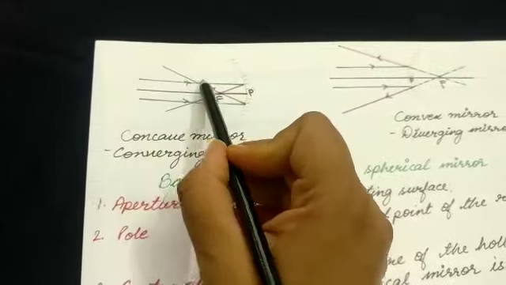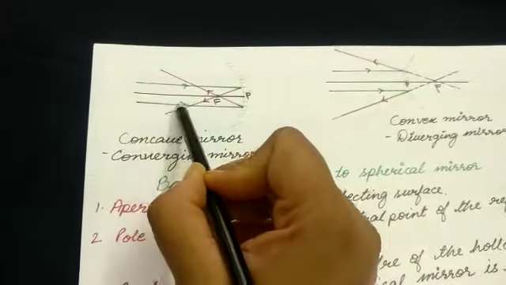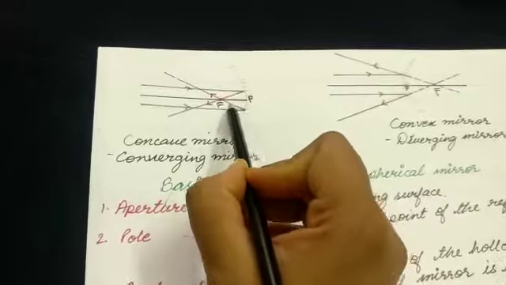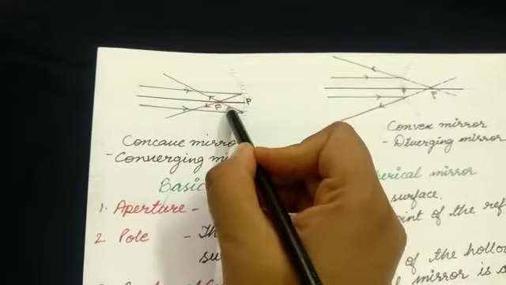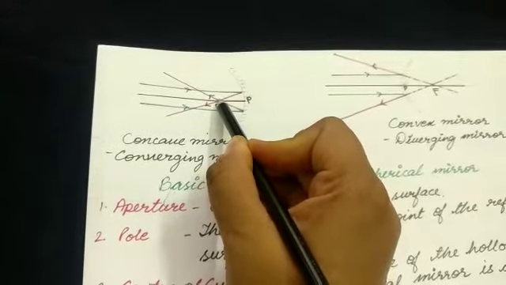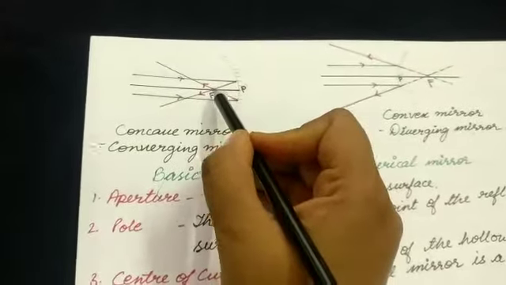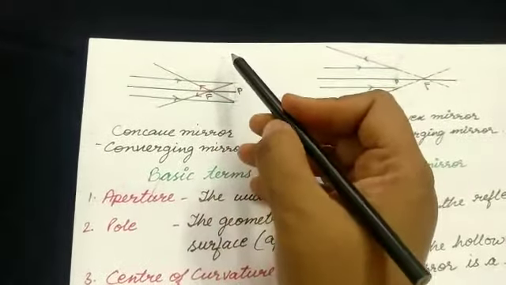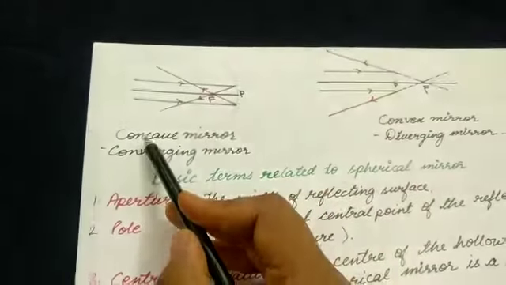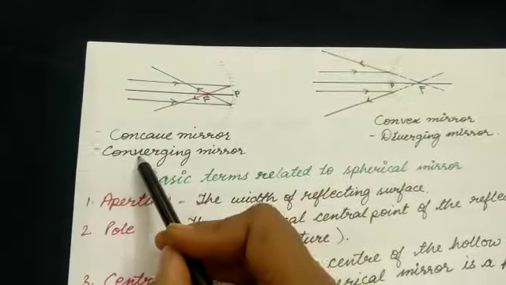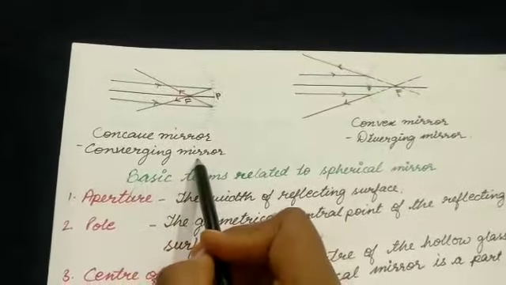This is the incident ray which is reflecting here, and this is also an incident ray which is reflecting in this way, and both the reflected light rays intersect here, meeting at a certain point. So the mirrors which tend to converge all the parallel light beams at the same point, those concave mirrors are also called converging mirrors.